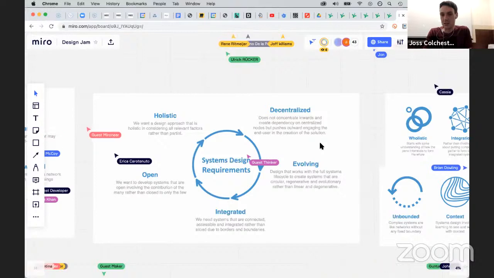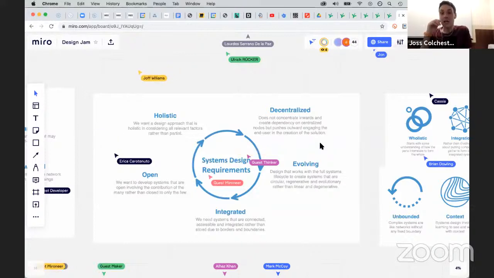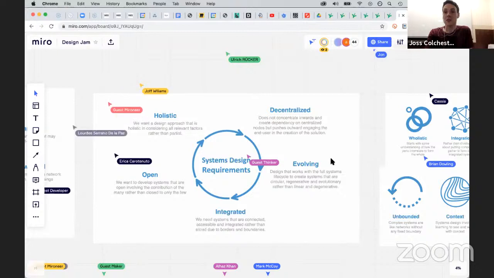Integrated: we need systems that are connected, accessible, and integrated rather than siloed due to borders and boundaries. Evolving: design that works with the full life cycle to create systems that are circular, regenerative, and evolutionary rather than linear and degenerative. Kind of characteristic of many of the things we design around here.